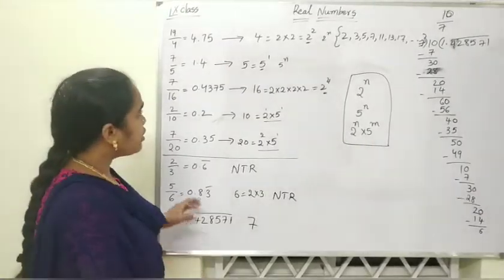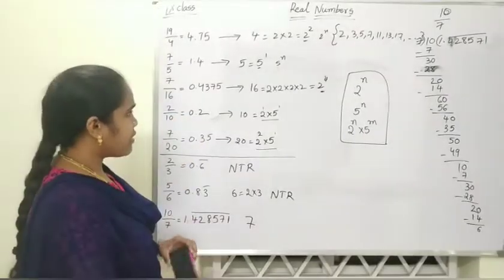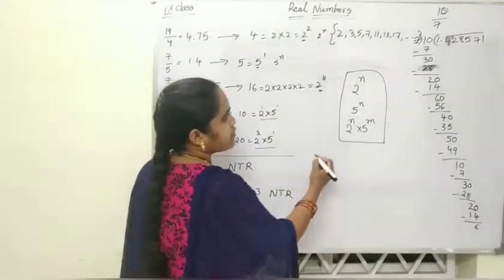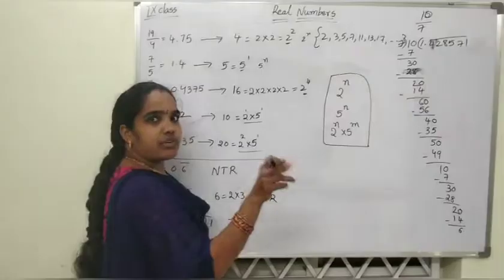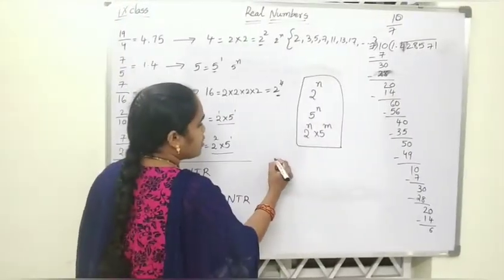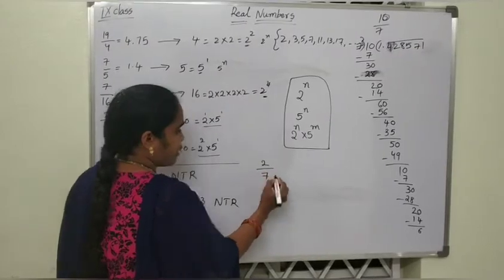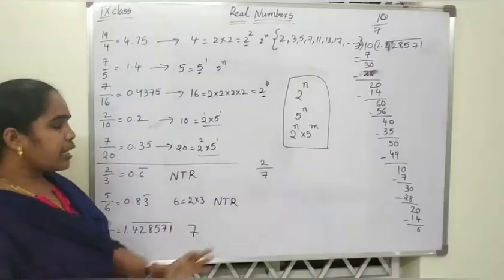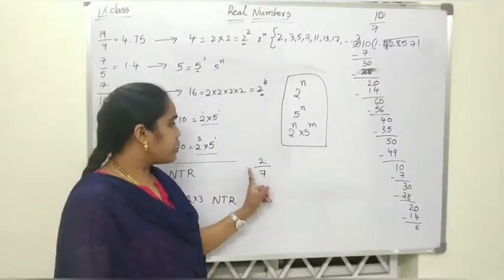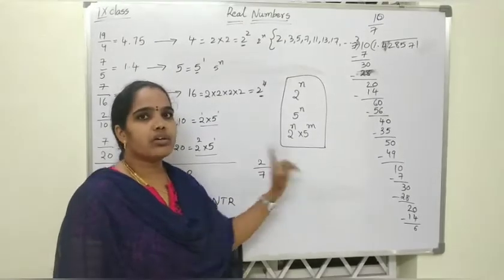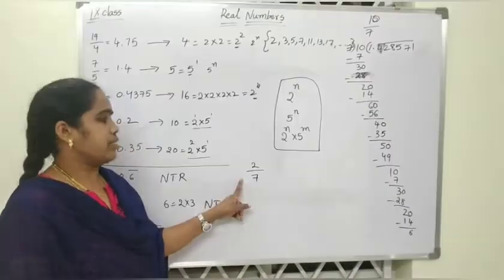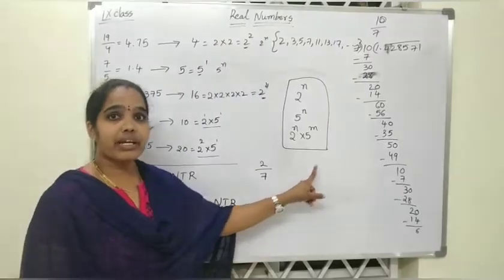Understood? So, here without division. That's why here I am giving one example. Without division we can say that. Suppose 2 by 7. Directly I am asking, is 2 by 7 terminating or not?